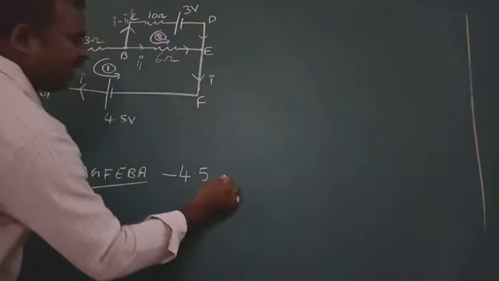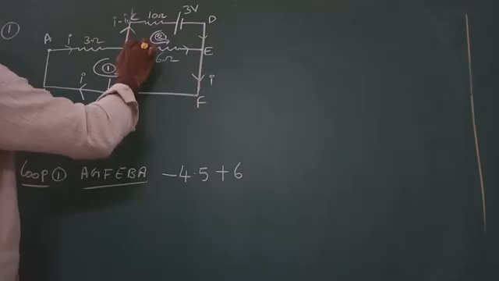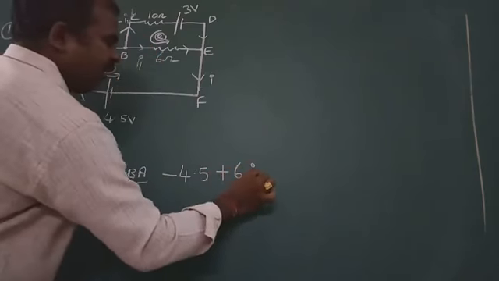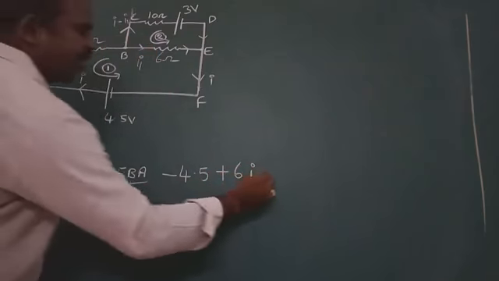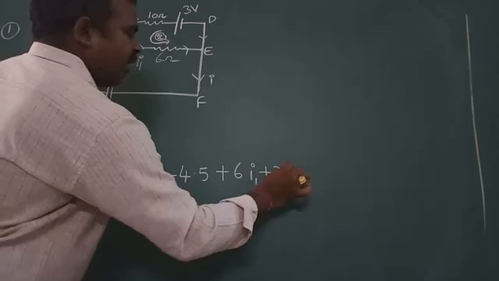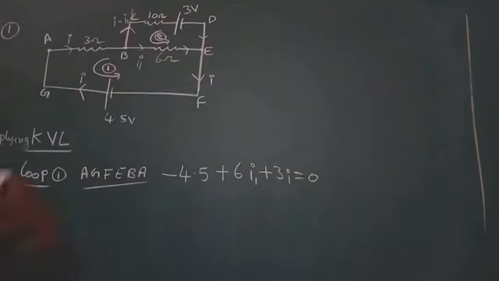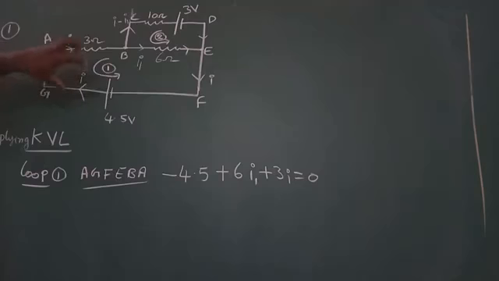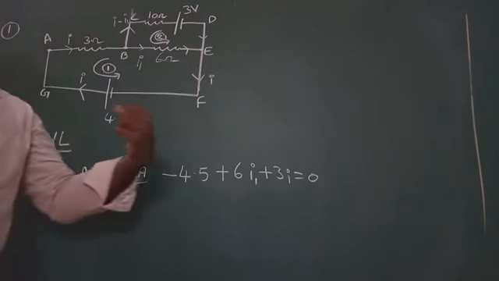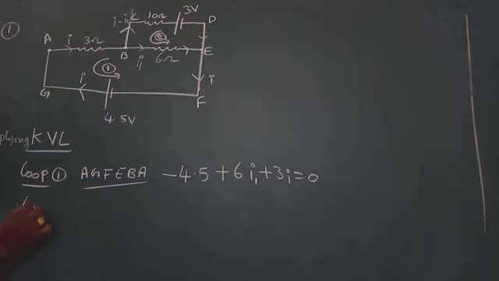The loop direction and current direction are opposite, so it is plus 6 into I1, and also opposite, plus 3I, equals 0. In KVL, the sum of the potential differences across all the resistors and the EMF of the cell should equal 0.